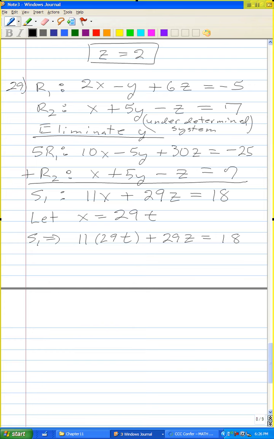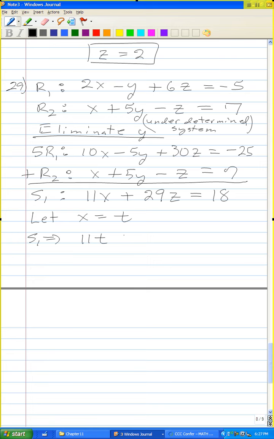It's not going to simplify that much. So actually, I changed my mind. Let x equal t.